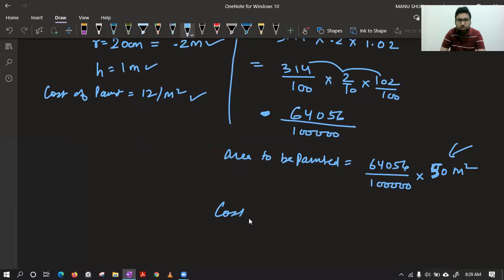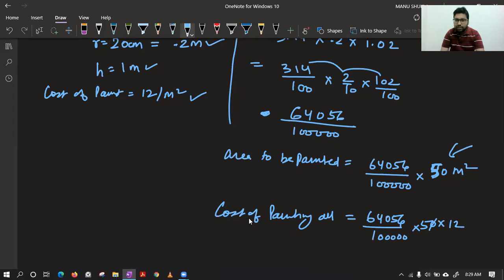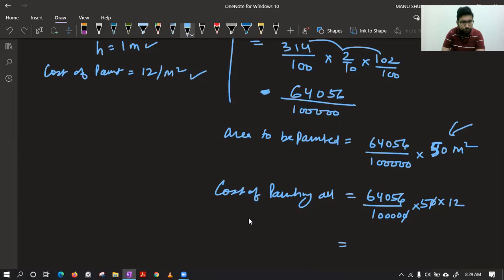So the cost of painting all is equal to 64056 upon. Now these zeros cutting, cut it. Now multiply these three and you will get the answer as how much? Anuranjan is saying 384. Others please check. Okay, it is 384.33 rupees.